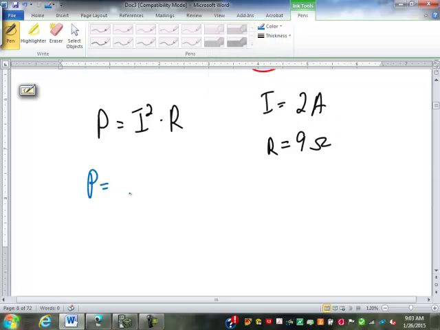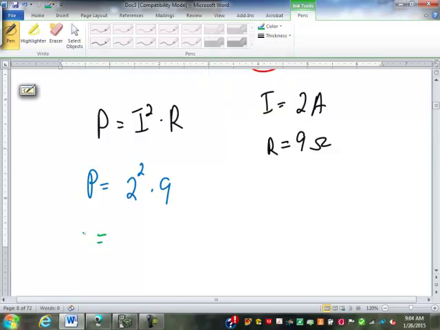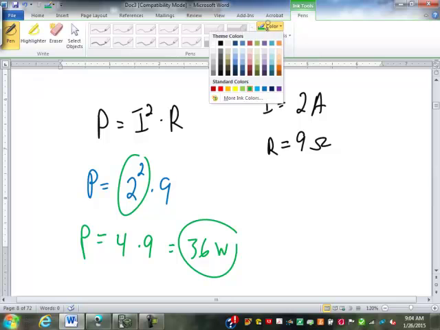Well, same thing. What do we do for I? How about 2 squared? Then R is going to be 9. So order of operations says we do 2 squared first, which is 4. 4 times 9 is 36. And again, that will be watts because it's power.